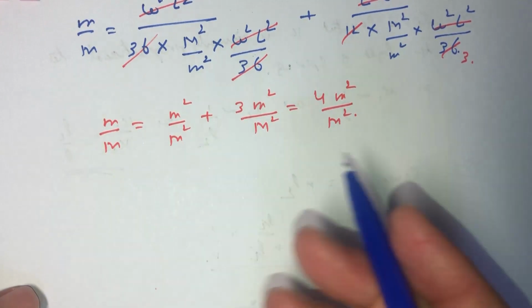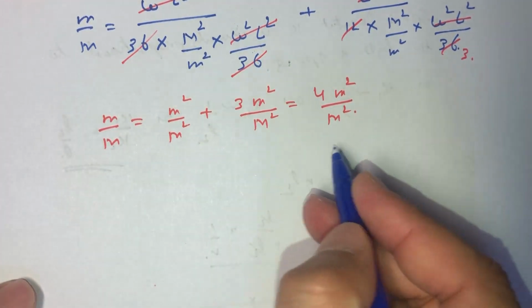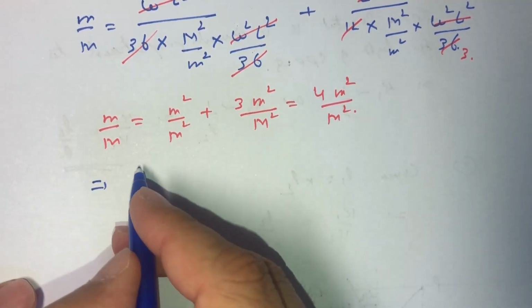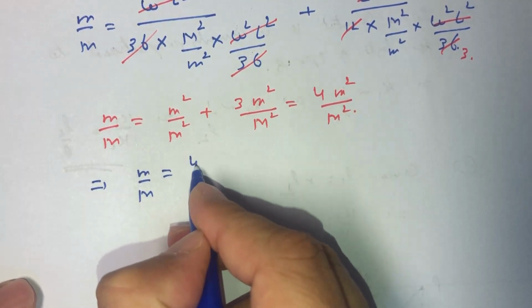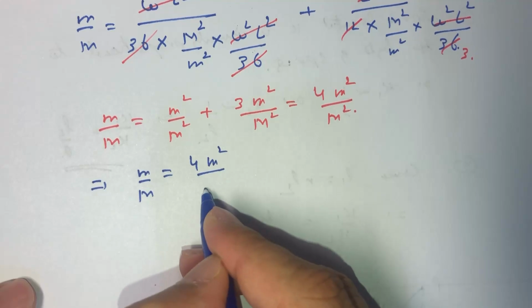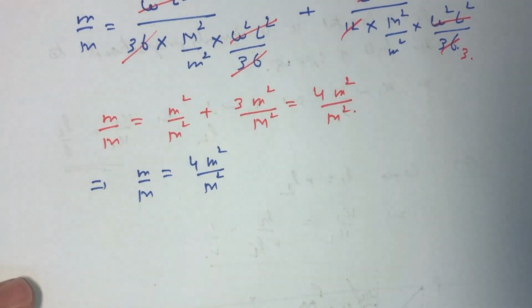And so it's quite simple now. So this implies that m upon capital M is equal to 4 m square upon capital M square.